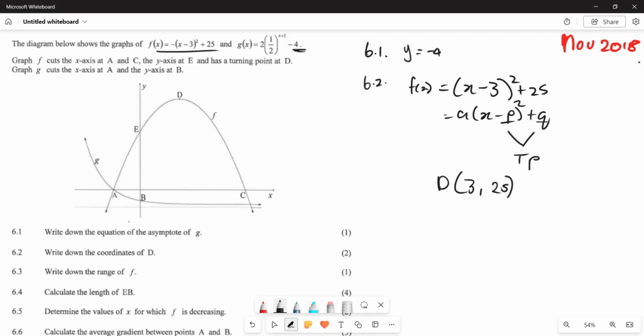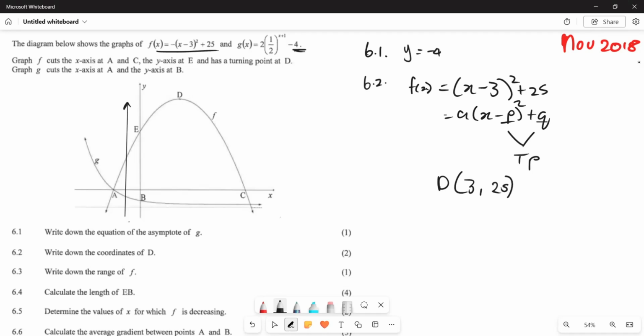Now, they want us to write down the range of the graph of f. The range is all the possible y values. When you are looking for all the possible y values, you start from y at -infinity and move swiftly upward.